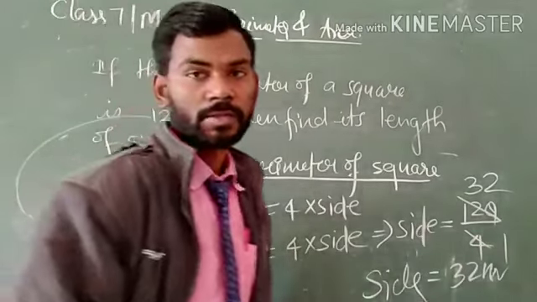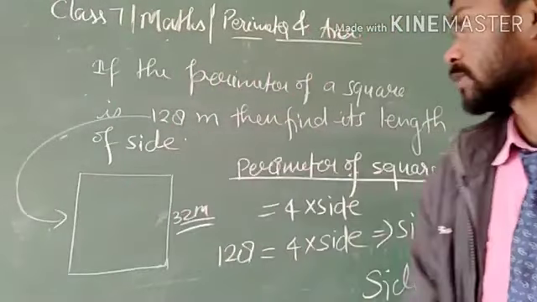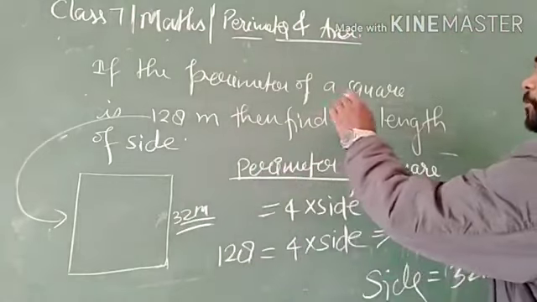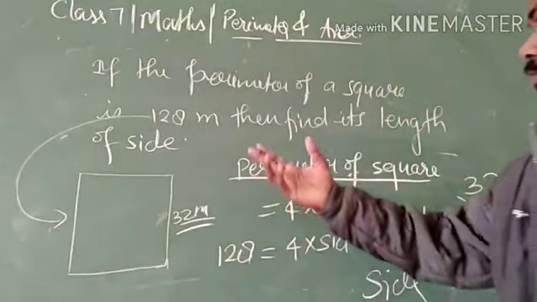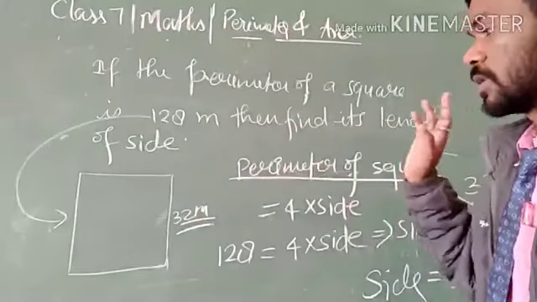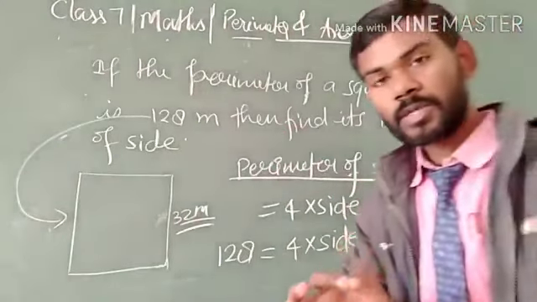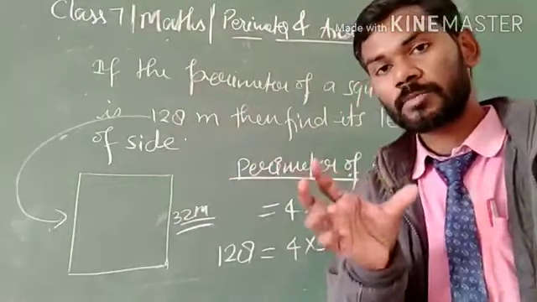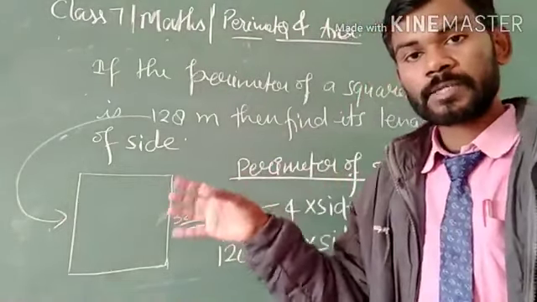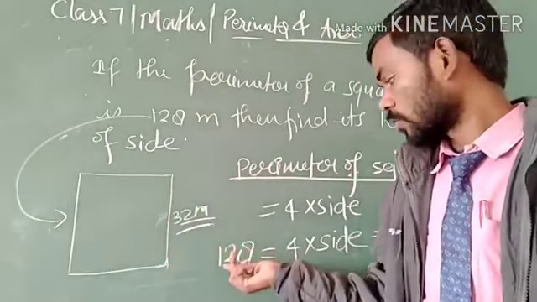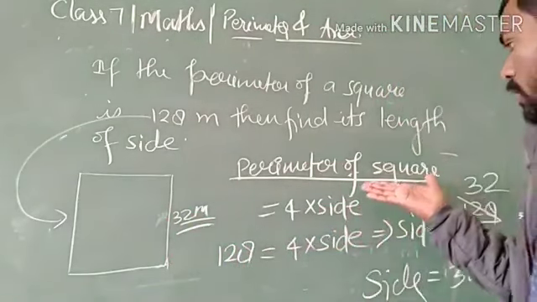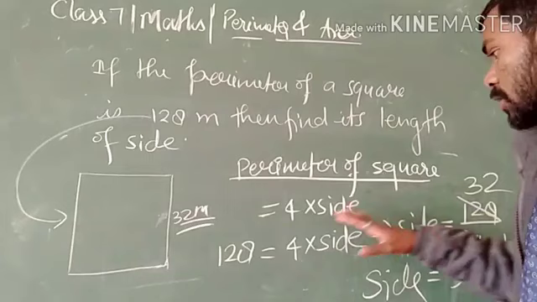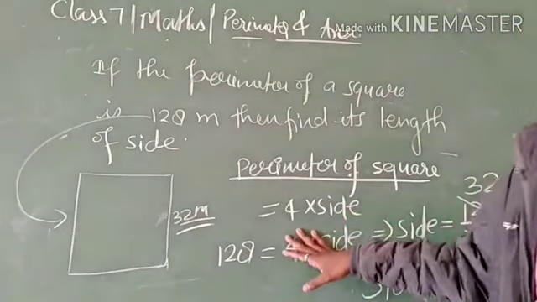Now let us see the solution one more time. The question says that if the perimeter of a square is 128, then find its length. Since the perimeter is given, that is the total length of the boundary of the square, which is equal to 128. We know the formula: perimeter of a square is equal to 4 into side.